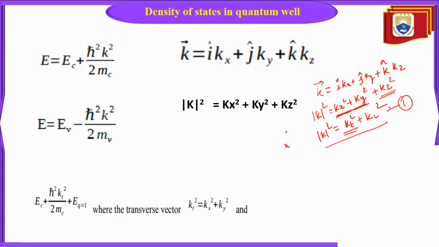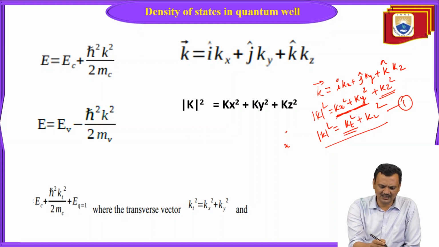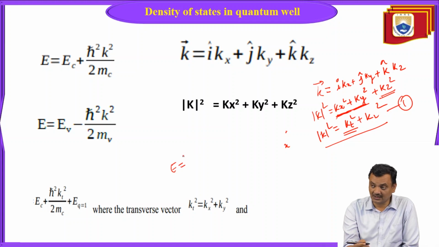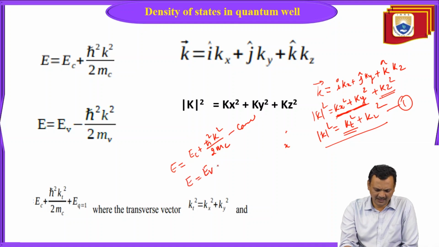Now, what will be the energy expression? I already wrote the normal energy expression for the conduction band and valence band. For the conduction band, E is equal to EC plus H cross square K square upon 2 MC star. For the valence band, E is equal to EV minus H cross square K square upon 2 MH star.